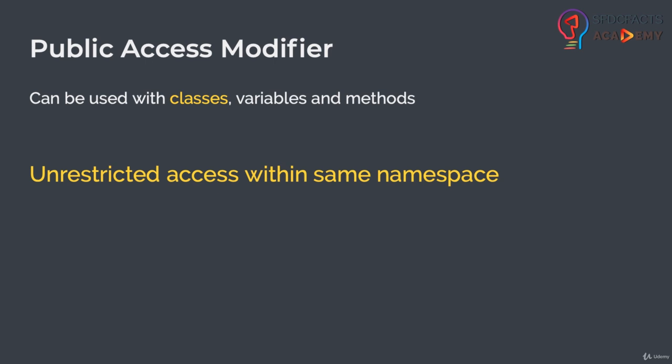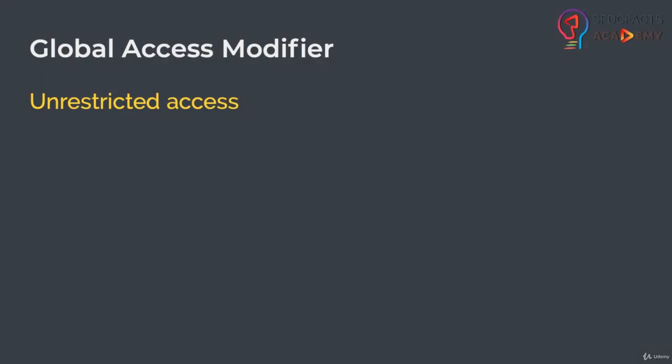If you want to open the access to everyone, in your namespace and in other namespaces as well, then you need to use the global access modifier. When you use the global access modifier, this means your Apex classes, variables, or methods will be accessible to everyone, even outside your namespace.